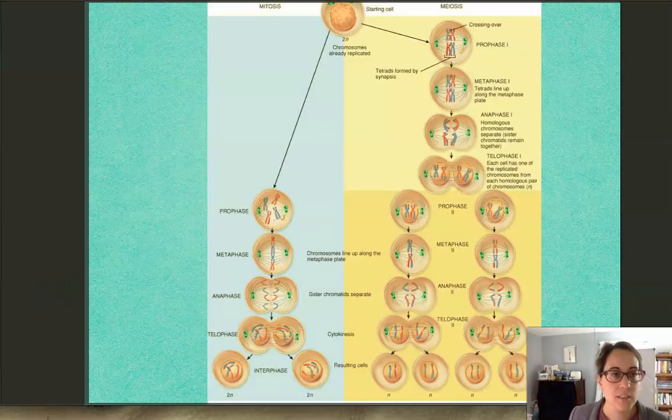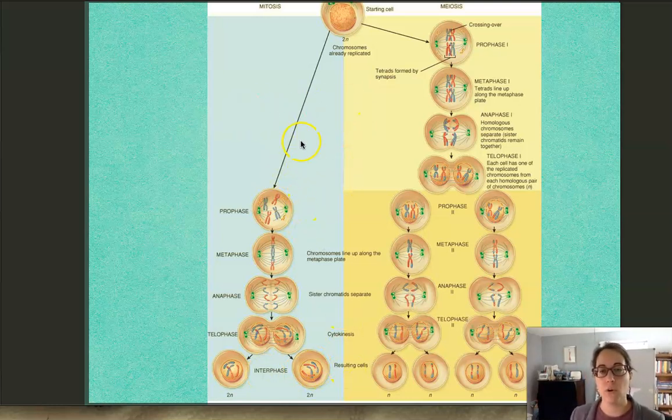Okay, so this is just an image that lets you look through every single stage of meiosis. We talked about mitosis here on the left, and all the phases in mitosis. So prophase, metaphase, anaphase, telophase, and then we see the actual division of the cell material in cytokinesis.